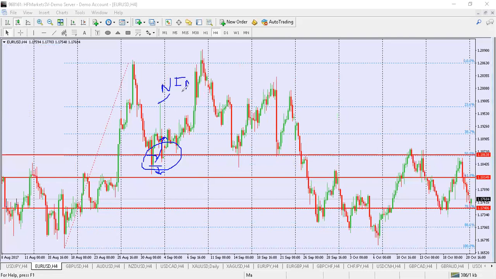The NFP is non-farm payroll data. It's an American data, very important. It comes out, I think, at the beginning or so of every month. Many traders trade off it, but one thing about this news is it's very volatile.